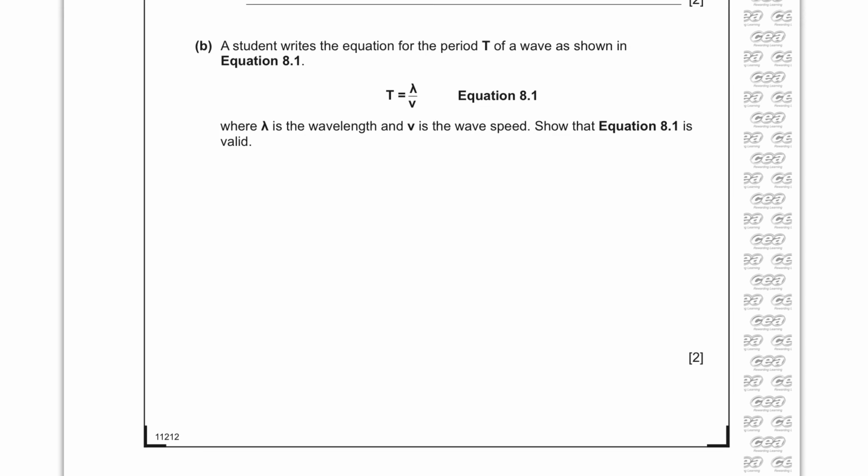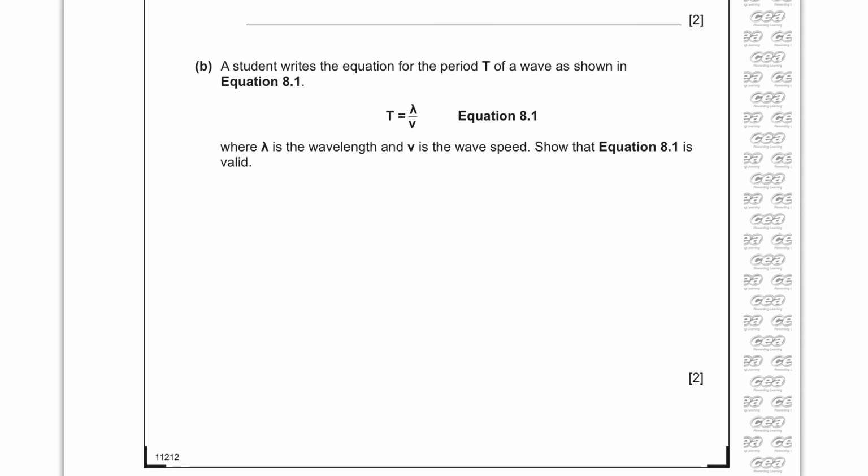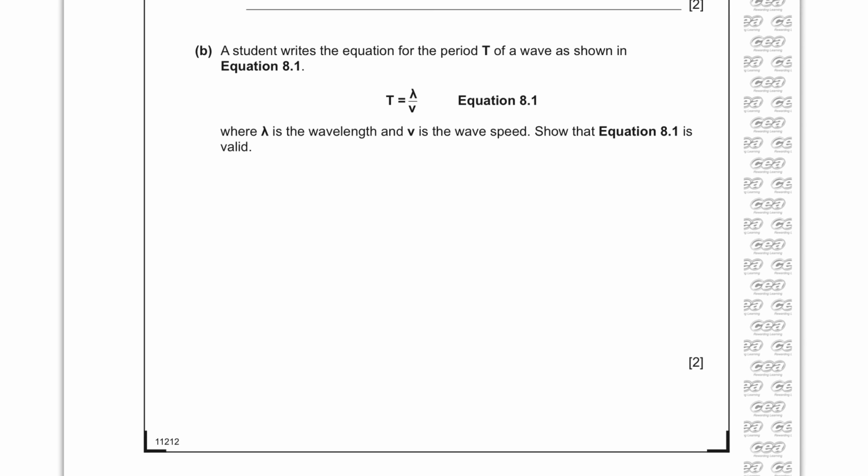So this is like you to think about your relationship between frequency and period. So reminding yourself that T is the same as 1 over f, and that f is v over lambda. So 1 over f must be the same as lambda over v, which means it is valid.